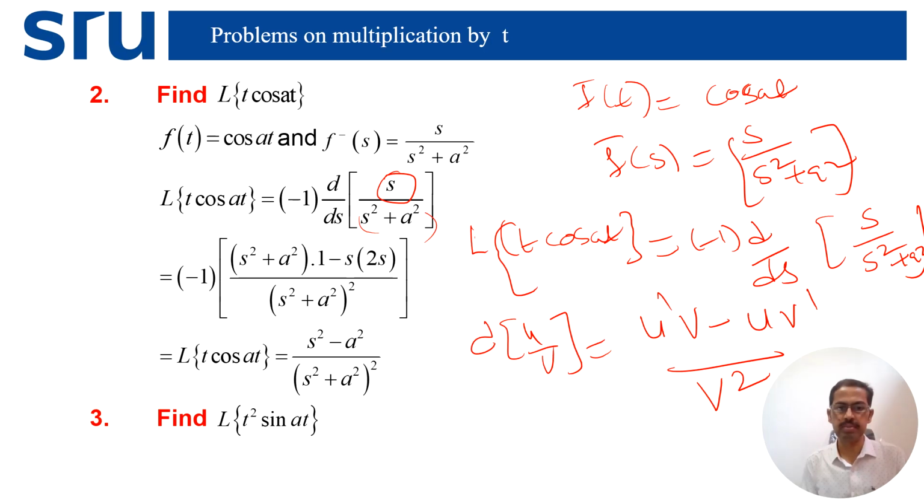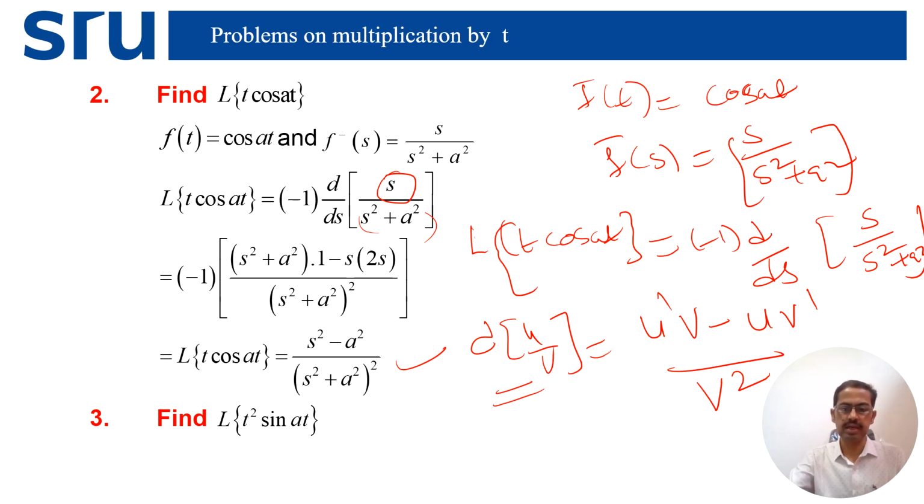V dash: the derivative of s square is 2s, and of a square is 0. So a square plus s square minus 2s square by v square. So s square minus a square by s square plus a square whole square, with this u by v formula applied here.